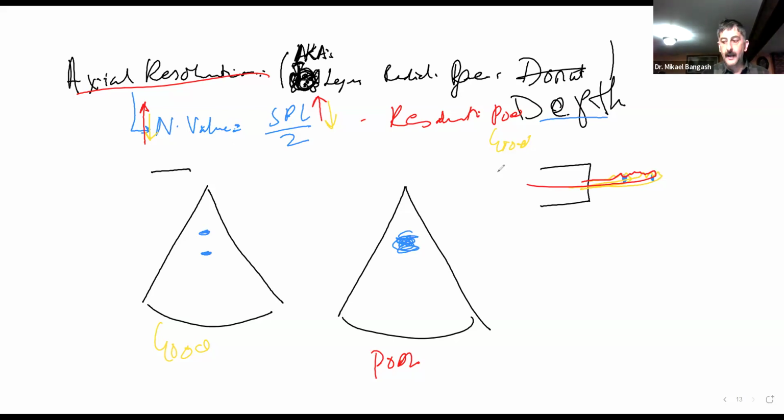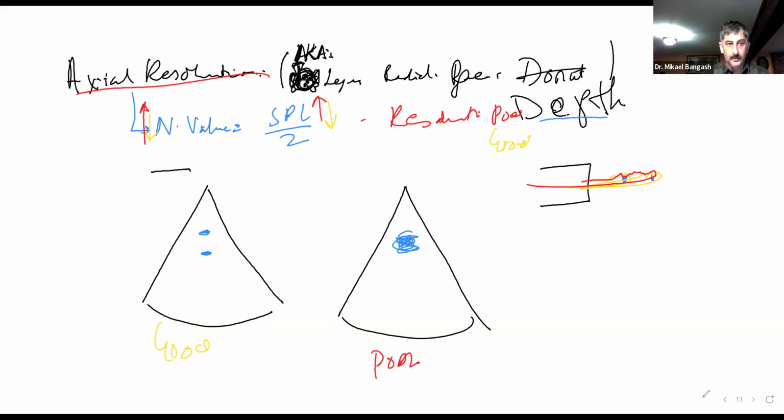Now, on the other hand, what can we call this? This is going to be an artifact due to this poor axial resolution. Sorry.